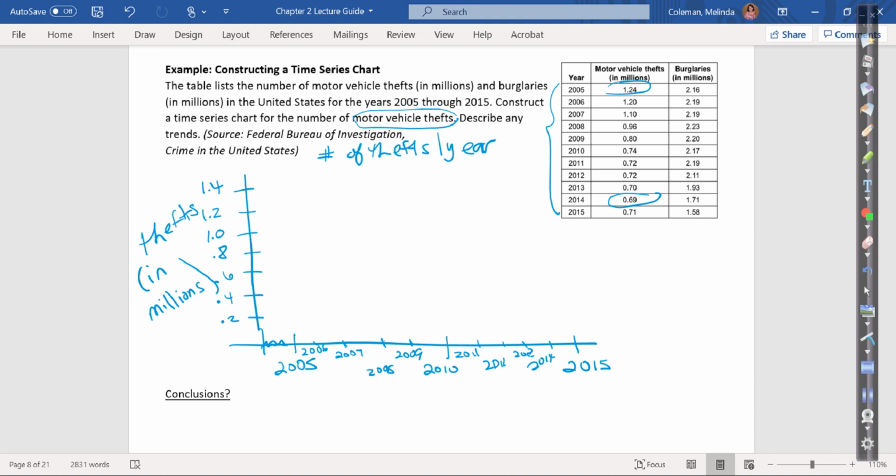And in 2005, we had 1.24 million. In 2006, we had 1.2 million. In 2007, we had 1.1 million. In 2008, we had 0.96, almost 1. In 2009, we had 0.8.